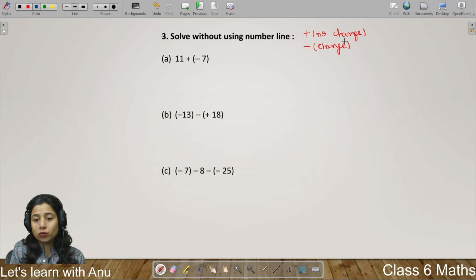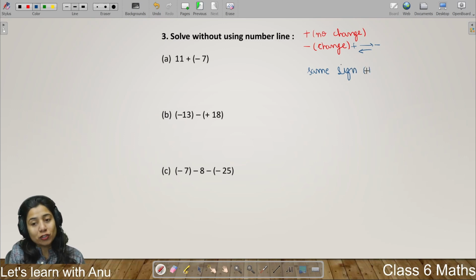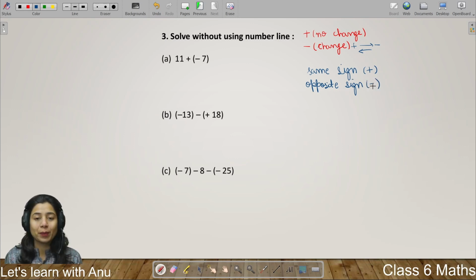Plus will change to minus and minus will change to plus. And if we have same sign of integers, then which operation, class? Addition operation we are going to perform. And if we have opposite sign, then which operation? Subtraction we are going to do. And in both the cases, sign will come of bigger number, right?